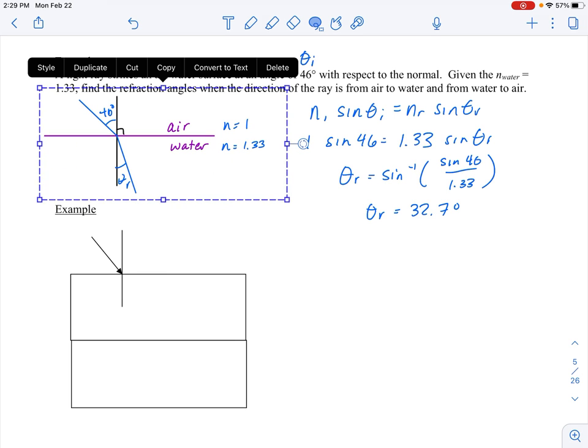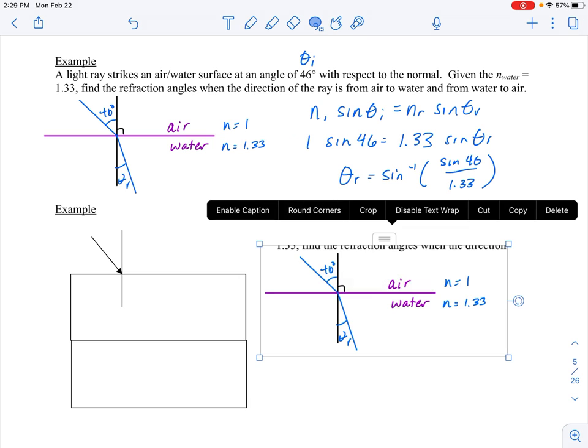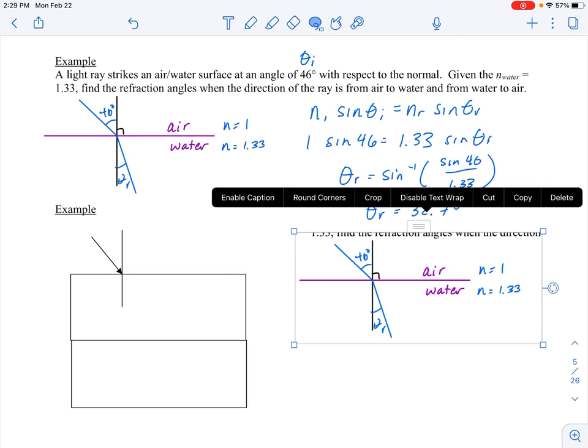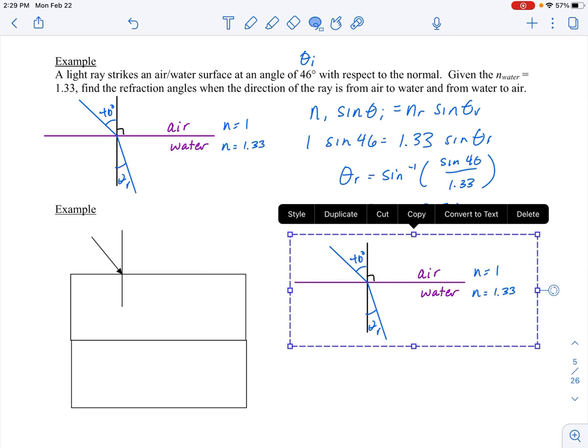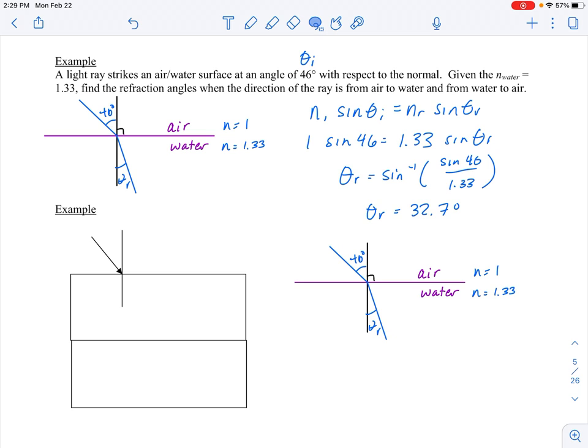And then we're supposed to do it the other way. So here's what that means. Now what if these two things are reversed? What if we have water here and air here? So we would say 1.33 times the sine of 46 equals 1 times the sine of the refracted ray.